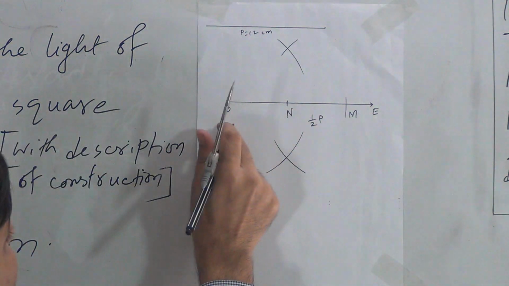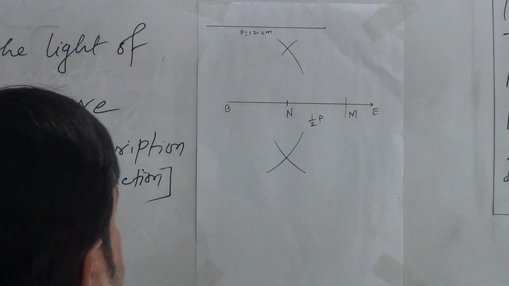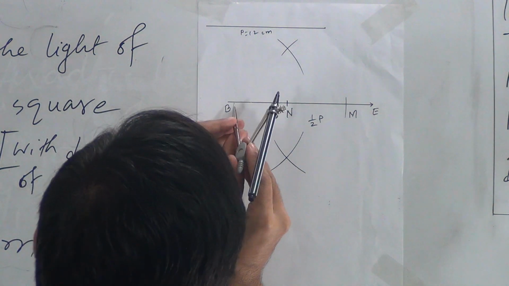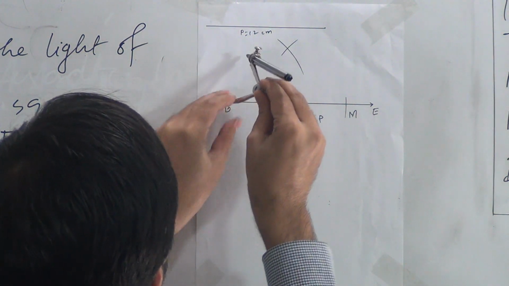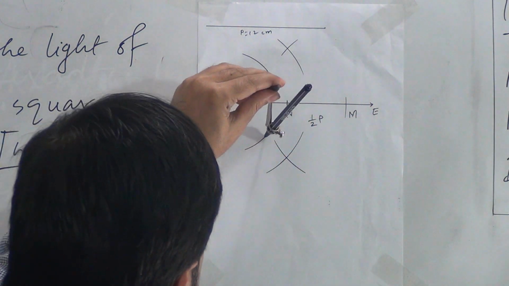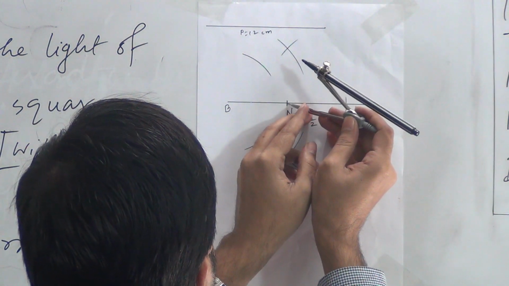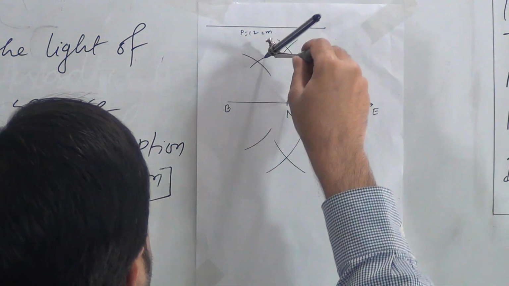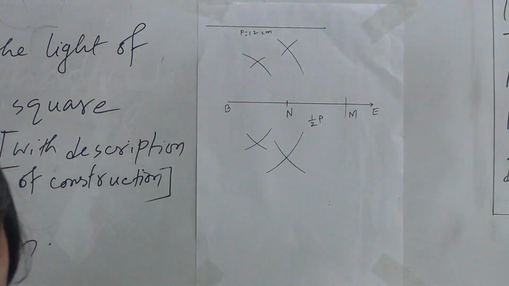Now again, if we bisect this BN, we'll get the length of the side of the square. So again bisect this BN. Now with N as center, join these two now.